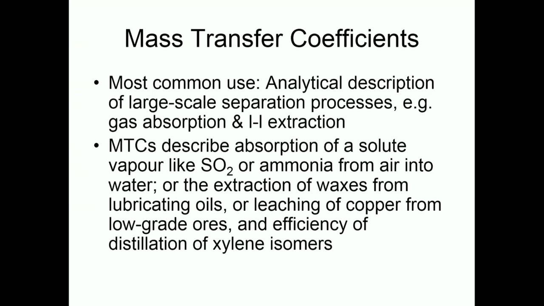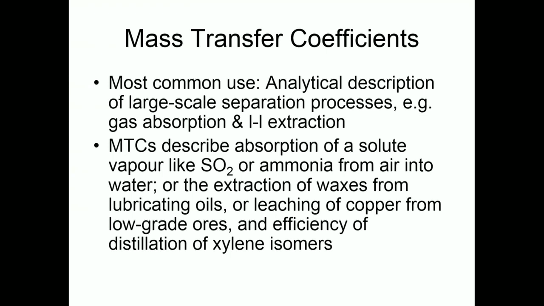So analytical description of large scale separation processes like gas absorption and liquid-liquid extraction is possible with the help of mass transfer coefficients. I have already talked about absorption of SO2 or ammonia from air in water. We could describe that in terms of mass transfer coefficient.